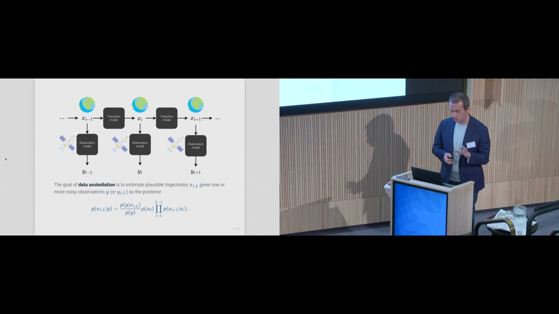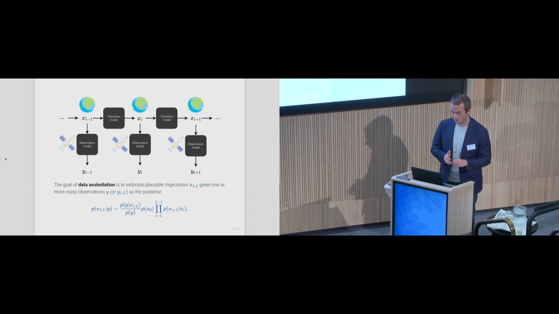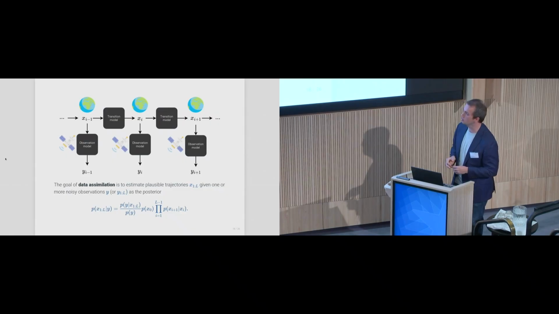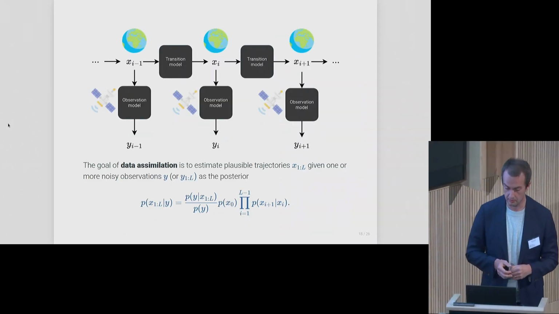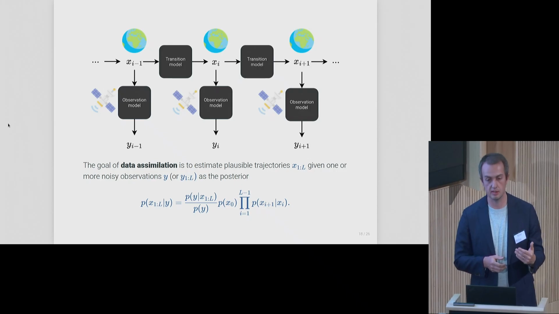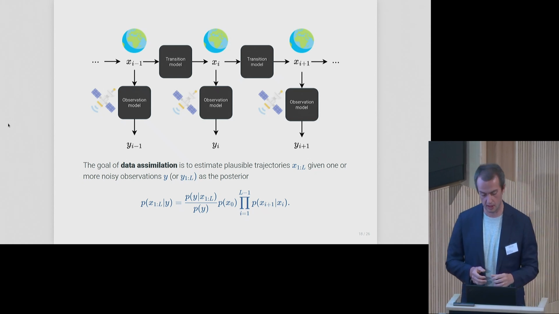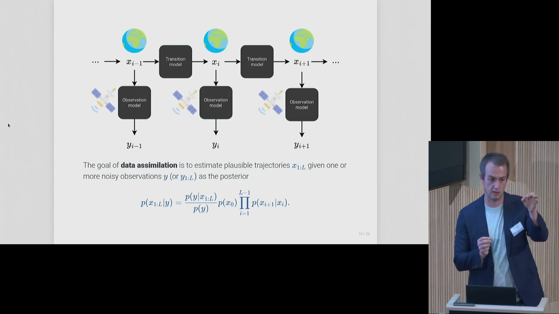And so formally, we now assume that the system or the physical process that we are considering evolves through time, okay, according to a transition model, p of x_{t+1} given x_t, okay, and that this system is not directly observed, okay, but it's observed only indirectly through observations. And so we have then an observation model that relates the current state to the observations.